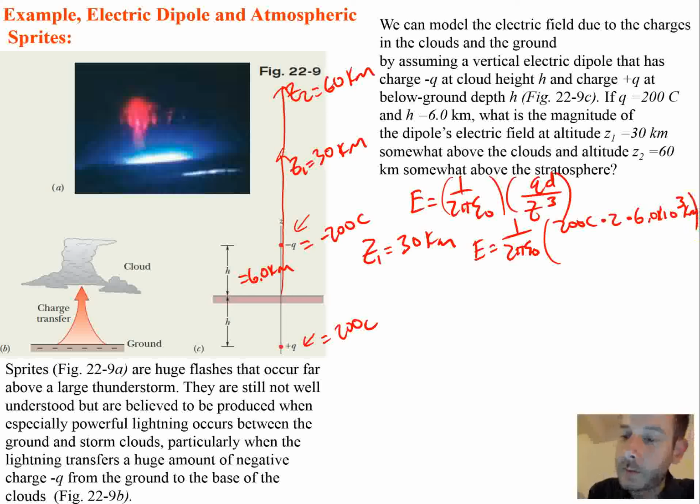Sorry, I kind of squeezed it in there at the end. So I included the 2 there because it's 2 times the height. The height is given as 6 kilometers, but the distance between the charges is 2 times 6 kilometers, so that's why the 2 is there.